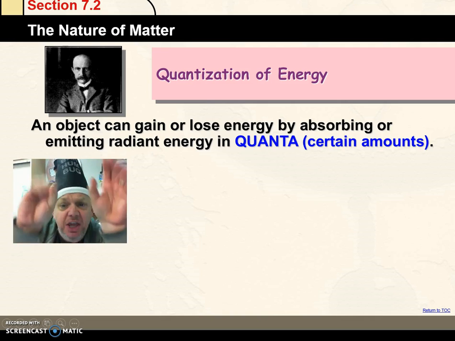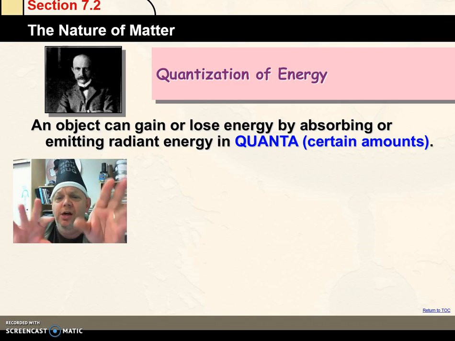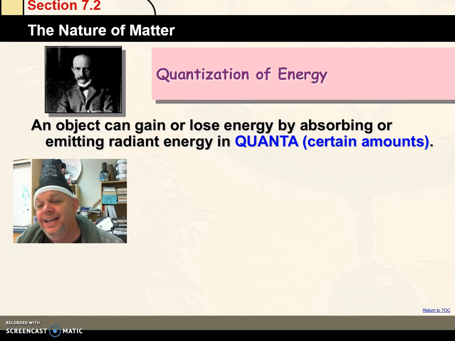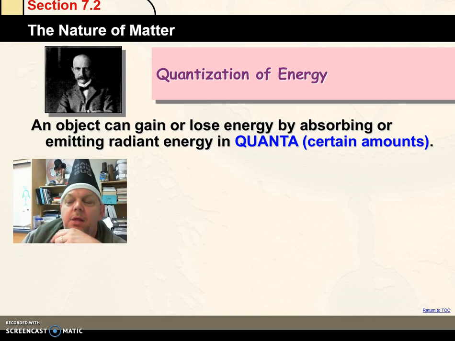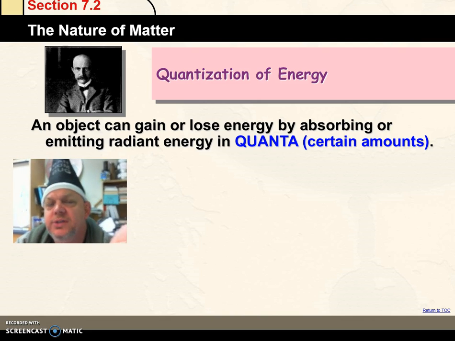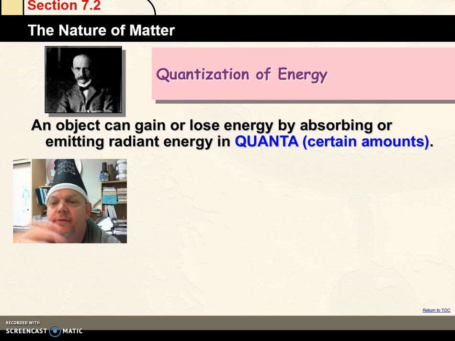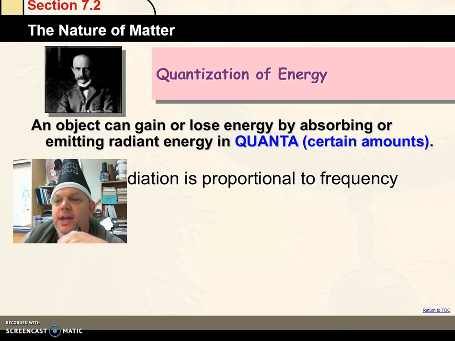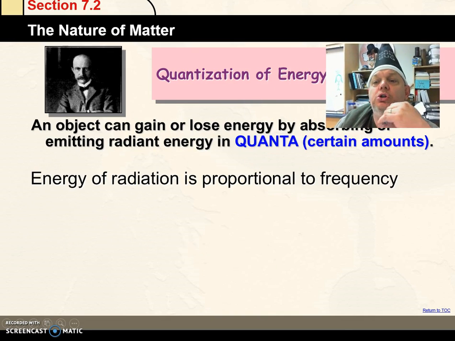Emitting is you're just giving it off, kind of like free downloads from Grandmaster C. Objects lose or give off energy in certain amounts called quanta.